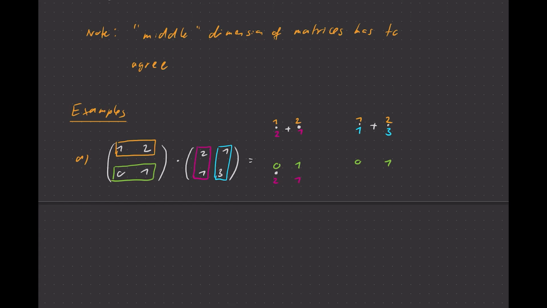And again, we multiply component-wise and we sum up the results. And finally, for the entry here, we use the second column, 1, 3. And we multiply component-wise and sum up the results.